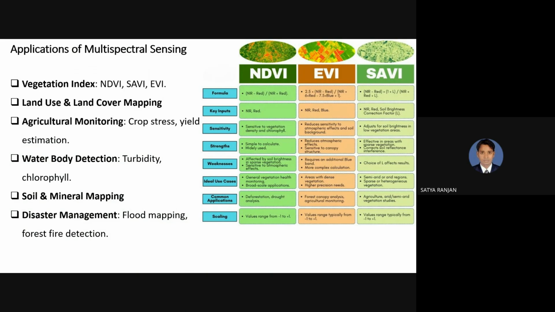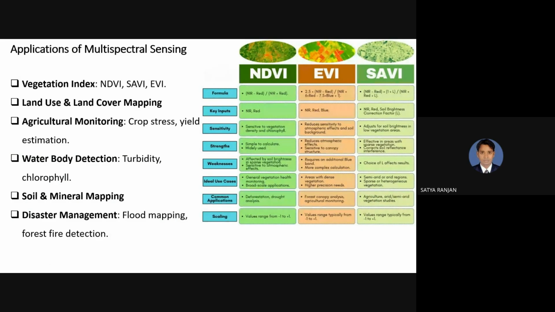Suppose for NDVI, the method is near infrared band minus red band divided by near infrared band plus red band. This is the formula. We subtract the red from the near infrared of the satellite image, then divide it by near infrared plus red. Then there is a value that ranges from -1 to 1.